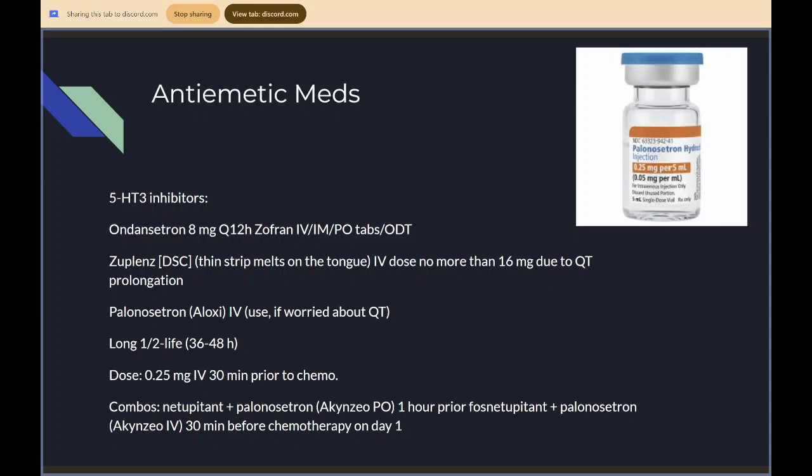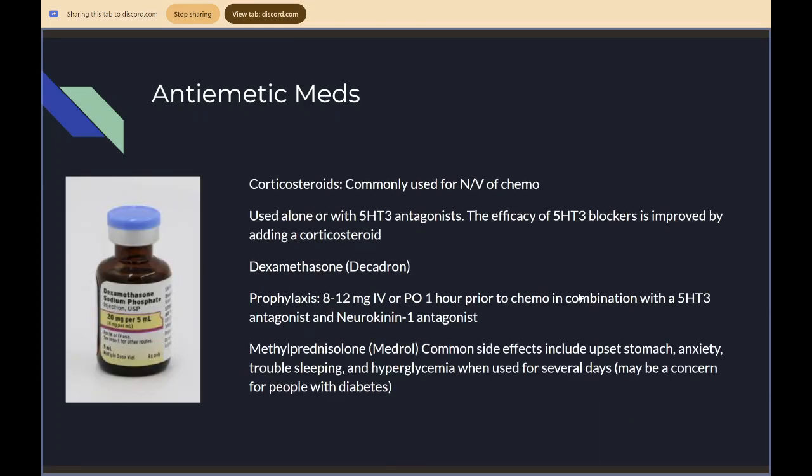Palonosetron has 36 to 48 hours. It is going to be 0.25 mg IV 30 minutes prior to chemo. Combos are going to be netupitant plus palonosetron, which is Akynzeo, and you do it orally 1 hour prior. And you can also do it IV 30 minutes before chemo on day 1.